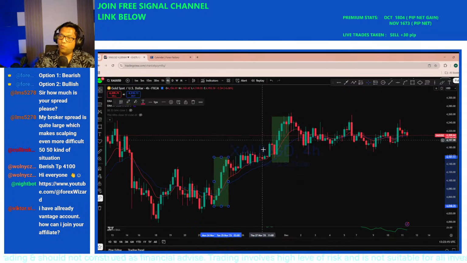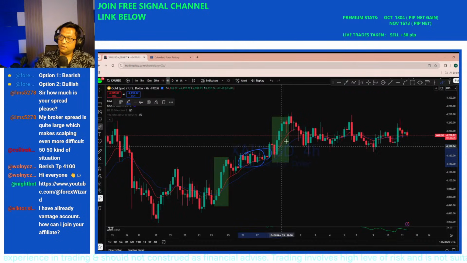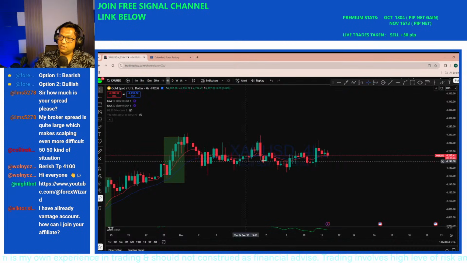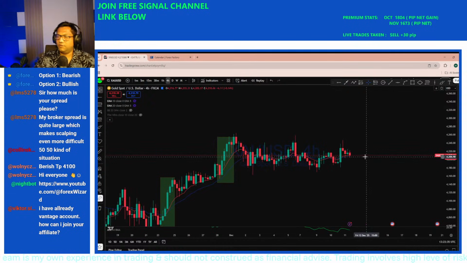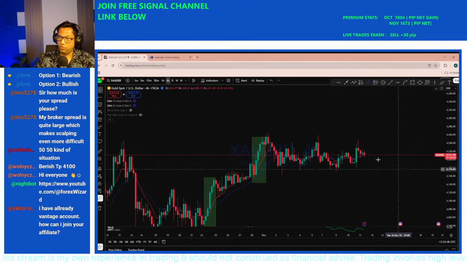These two moves were significant, and then here it was a complete narrow sideways market in that area. And then after this sideways, it created another move here, and now what we can see in this area is very random and also sideways.